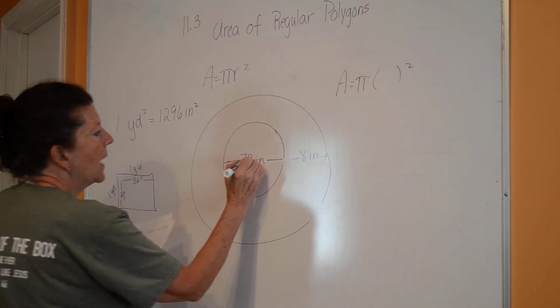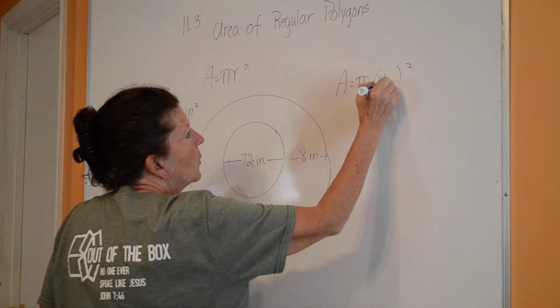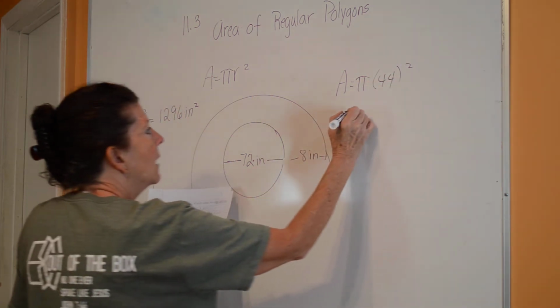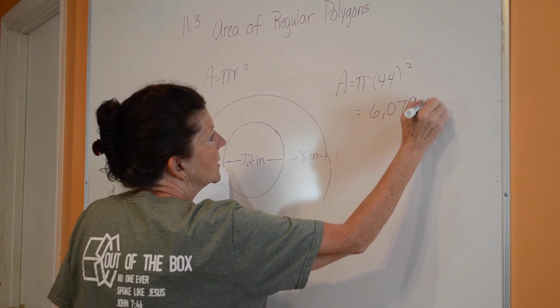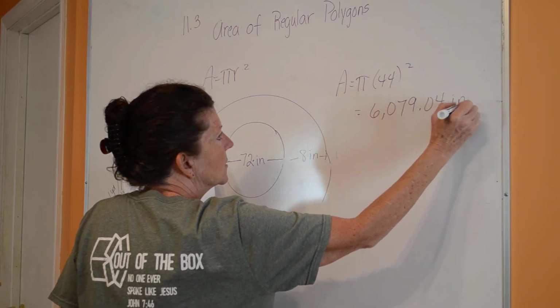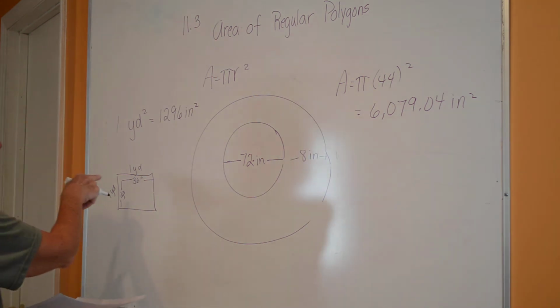All right, half of this is going to be 36, so I have 36 plus 8, which is 44, so that's going to go right there as my radius. When I multiply that out, I'm going to get 6,079.04, and this is going to be inches squared. Now again, I'm going to have to convert from inches squared to yards squared.